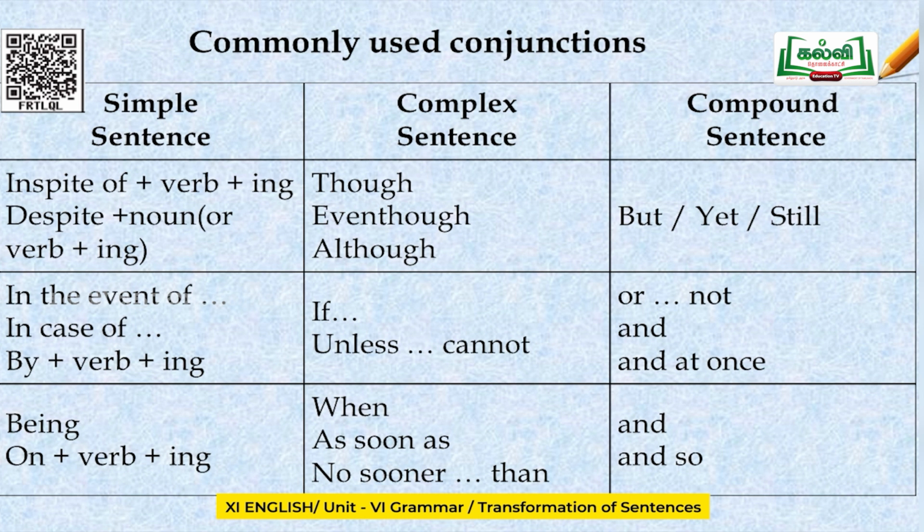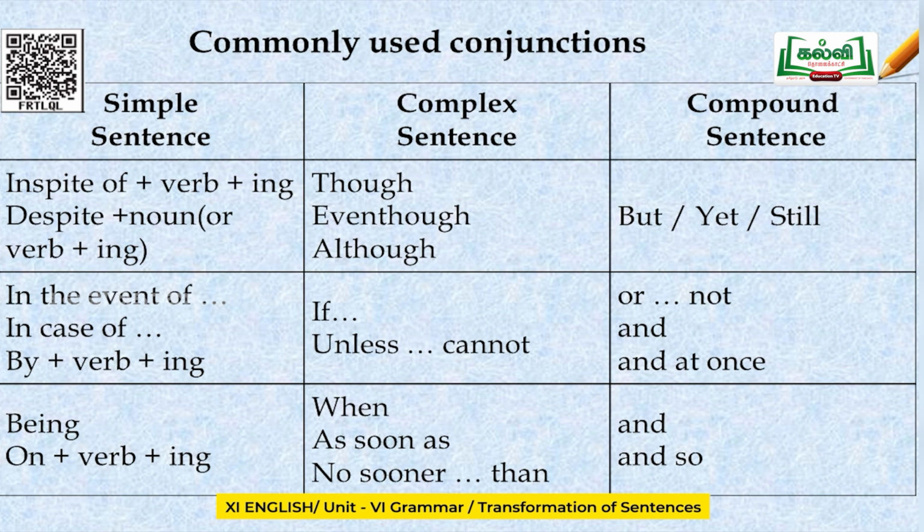If you are given a sentence with the conjunction though, and you are asked to transform it into a compound, all you have to remember is for though, the coordinating conjunction is but. And if you are asked to make it a simple sentence, all you have to remember is for though, the phrase to be used is in spite of. So children, remember it as a set.